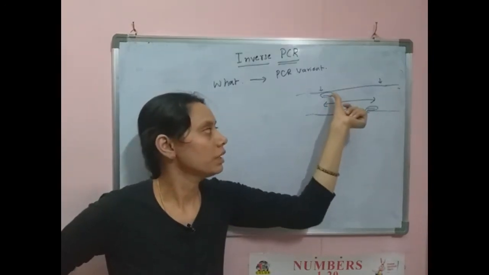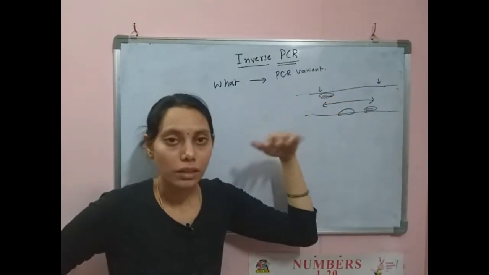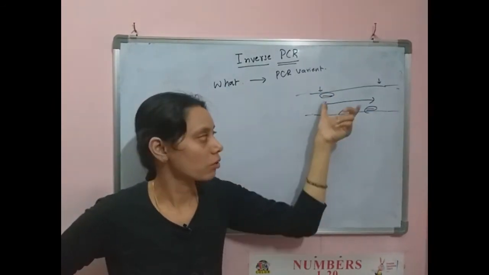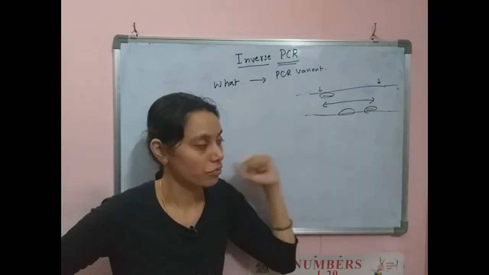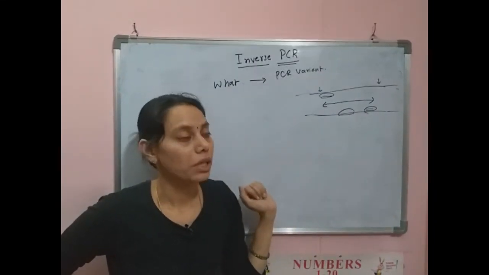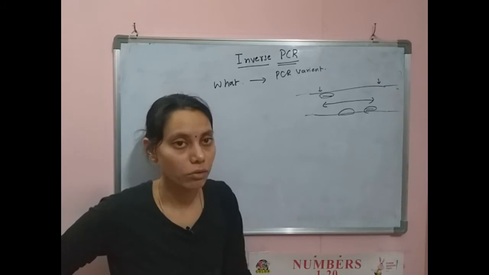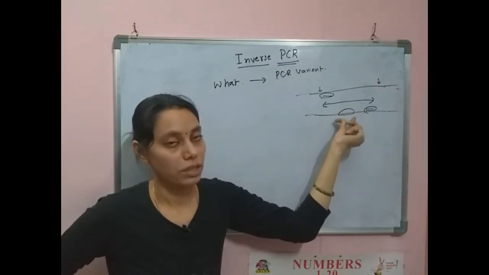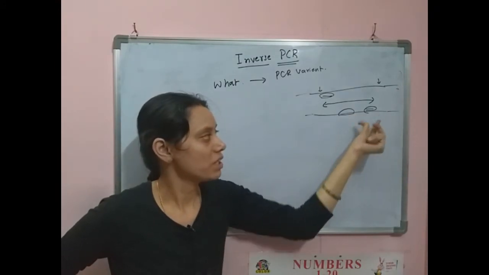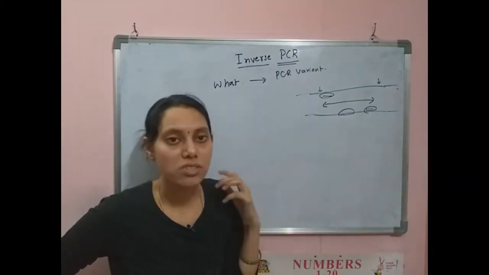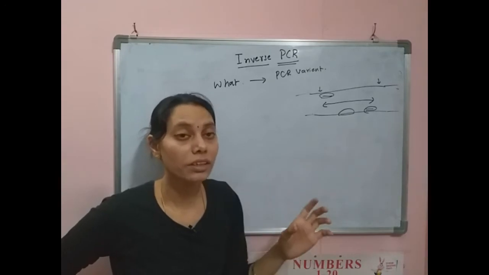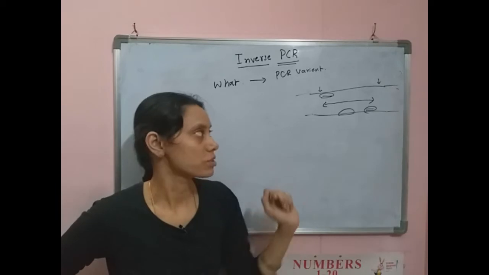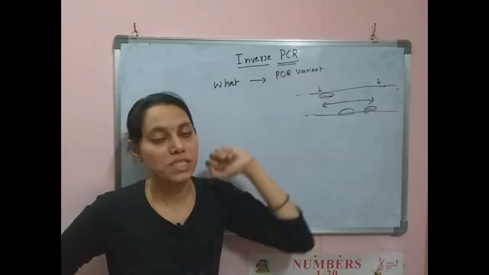We cannot simply design primers so that they can go and trigger the target portion of the DNA directly. What we only know is the portion of the DNA sequence present in the middle. This known sequence is flanked by unknown sequences, but still we want the target DNA to be amplified. What do we need to do? Then we need to choose this process called inverse PCR.